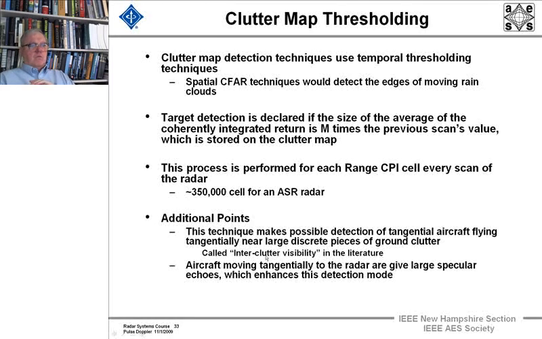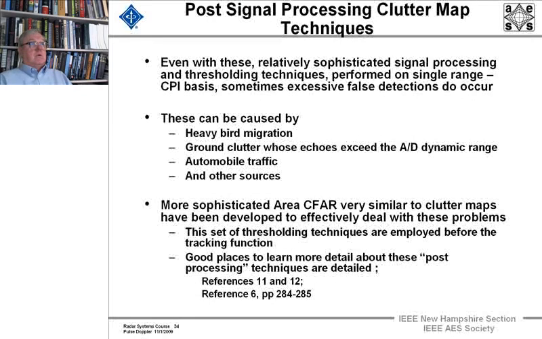But they wrote a really good paper, or it could have been Dave Barton, on interclutter visibility, and it was given at one of the conferences. And hopefully it'll be referenced in the radar handbook. Aircraft moving tangentially to the radar give off very large specular echoes, and that enhances this detection mode.